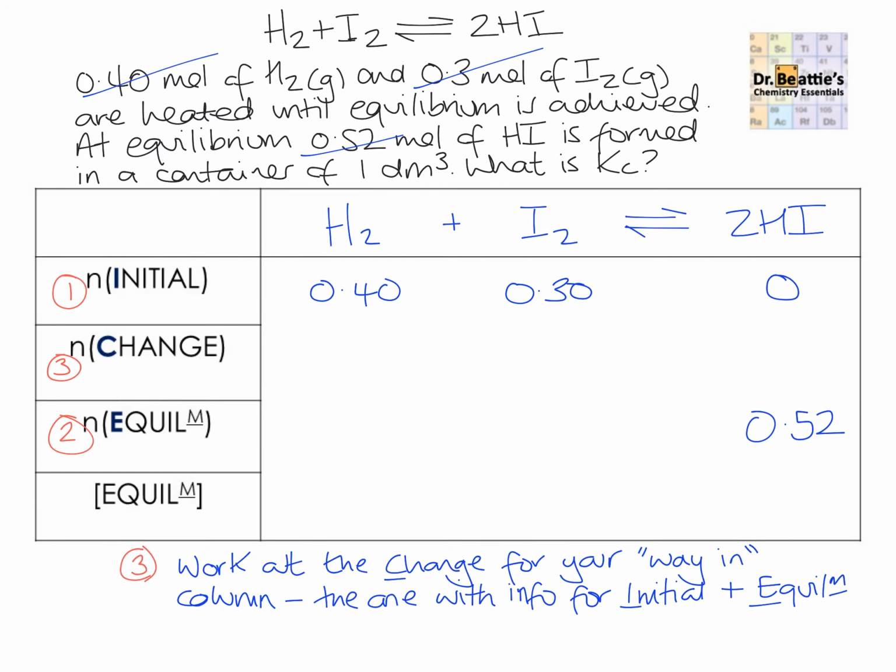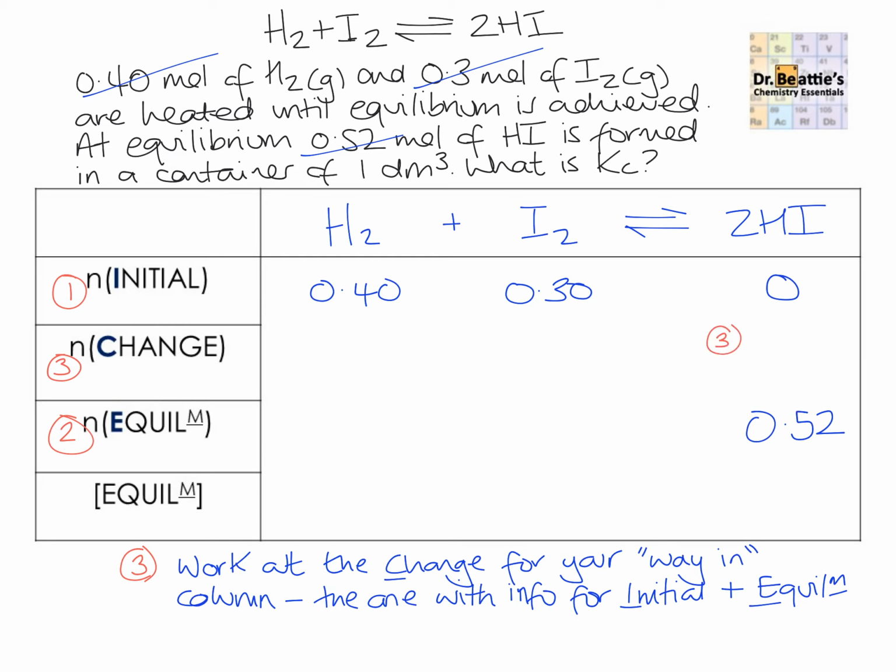So step 3 is all about working out the change row. But to do this, you need to find a column that we're going to call our way in. Now this column is a column with the information for both the initial and the equilibrium. So you can quite clearly see that for hydrogen iodide, we can work out what the initial was because it's a product, so it's always 0. And we've got some information about the equilibrium.